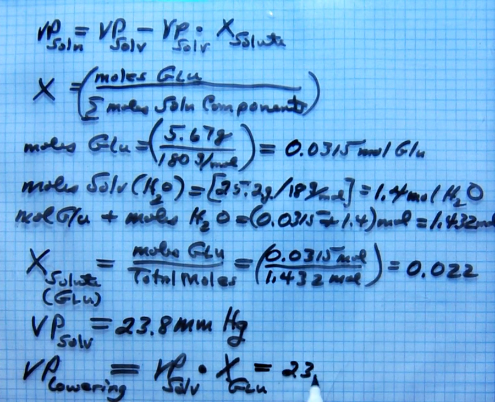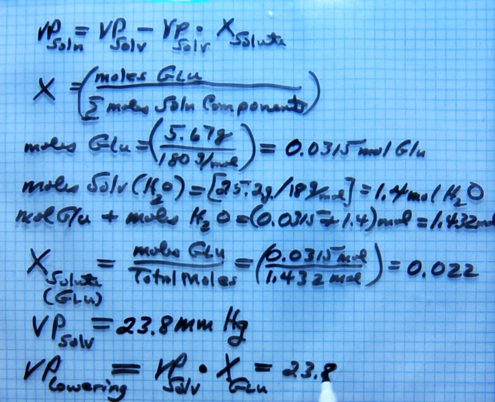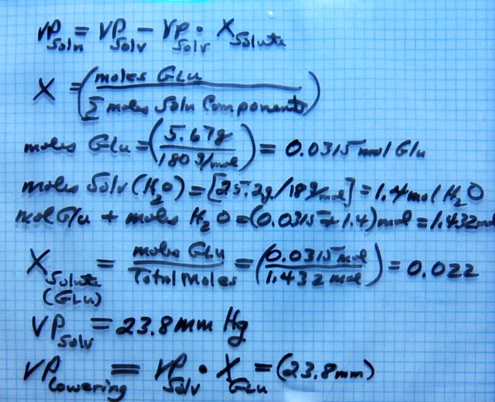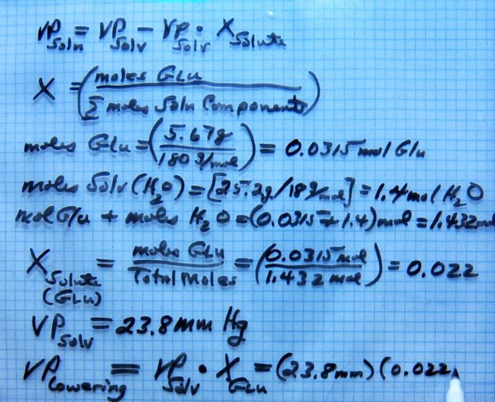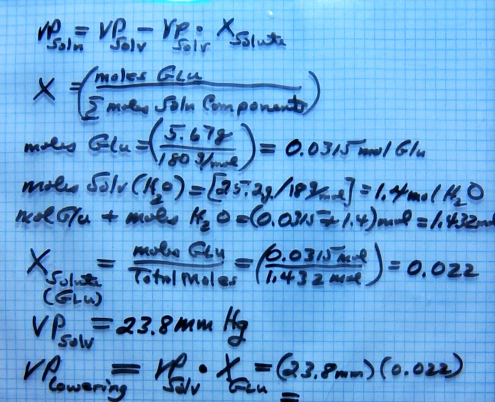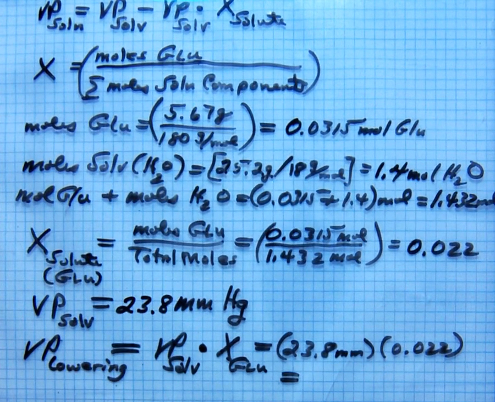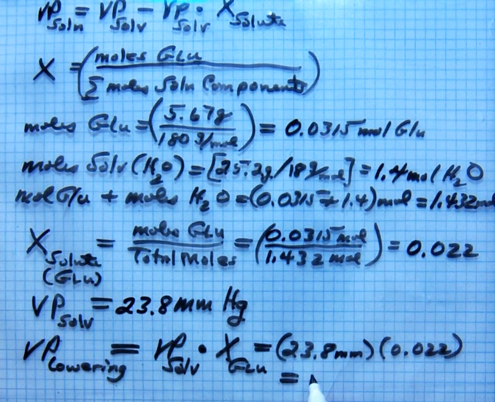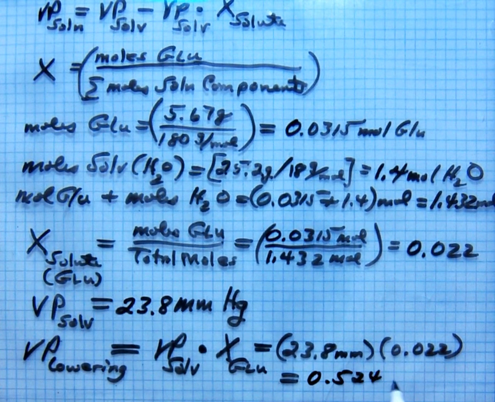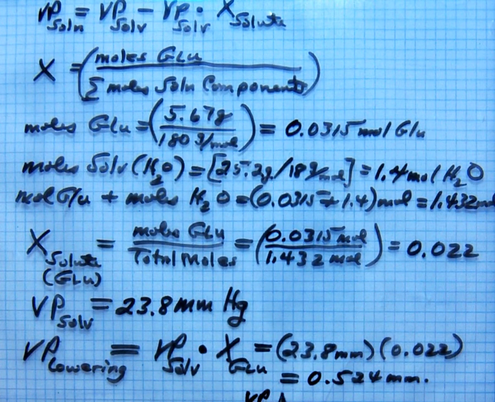So that's 23.8 millimeters mercury times 0.022, and so the vapor pressure will go down by whatever that product is. 0.524 millimeters. Okay, so that is the vapor pressure lowering factor.